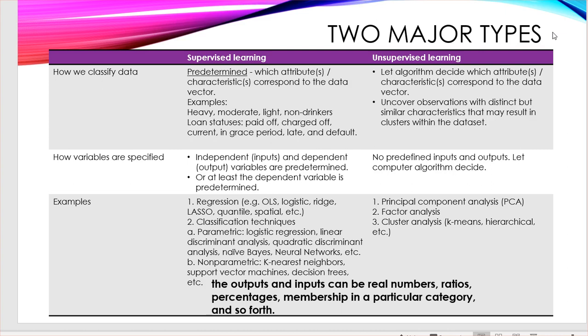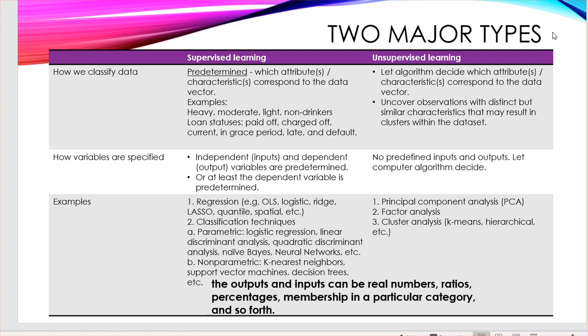So we also predefine the independent variables in this case. And any classification techniques, whether parametric or non-parametric, all fall under the category of the supervised approach of classifying data.